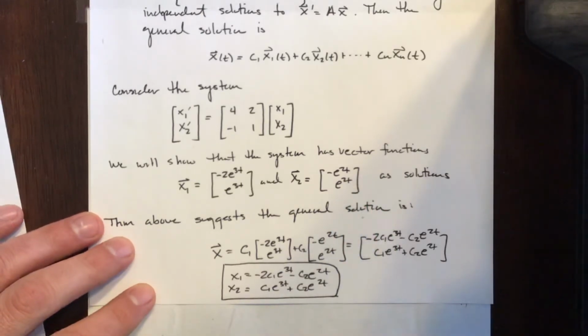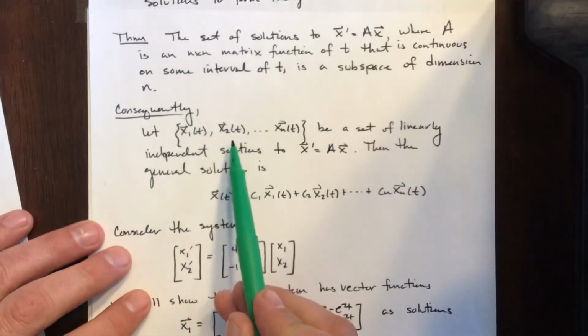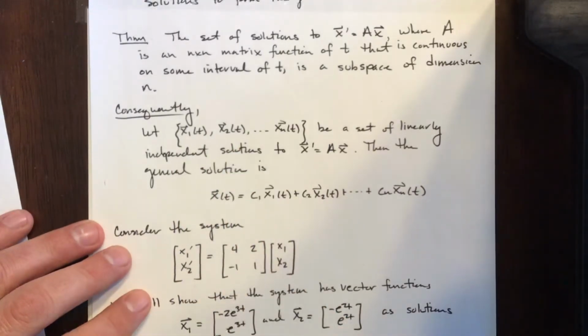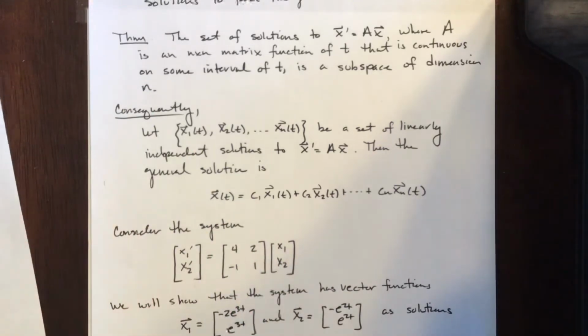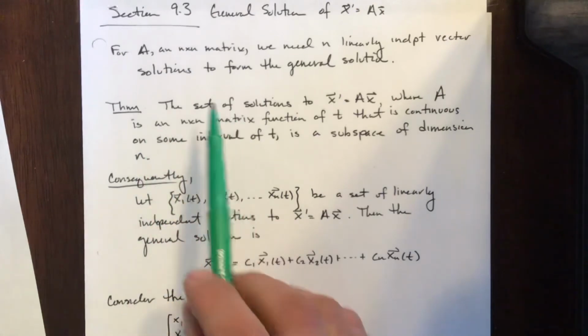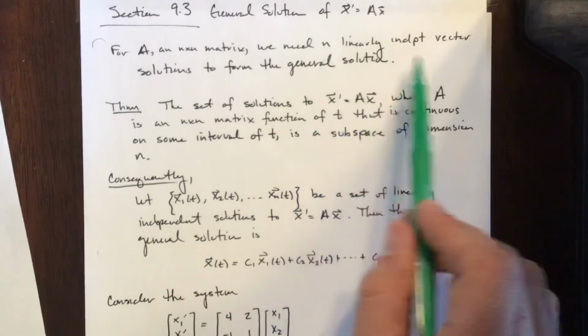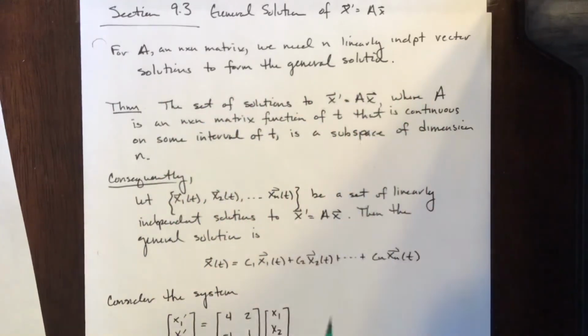Those are vector solutions to our differential equation. So by this theorem right here, they form a basis. Remember back to right here, for an n by n matrix, we need n, so in this case, 2 linearly independent vector solutions to form a general solution.